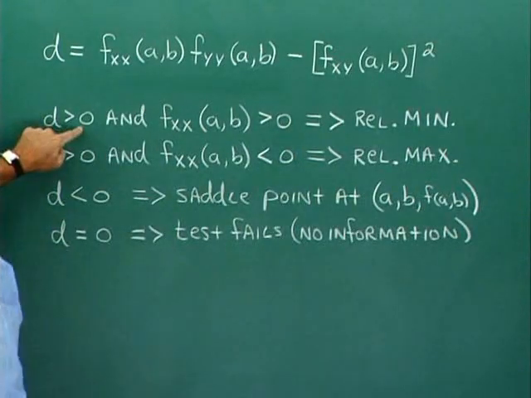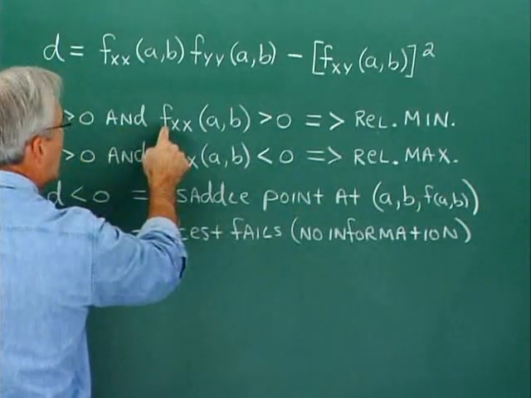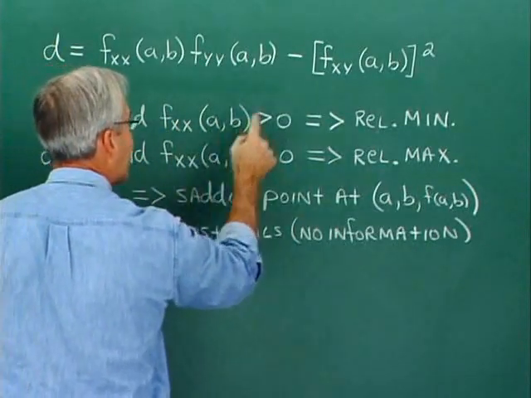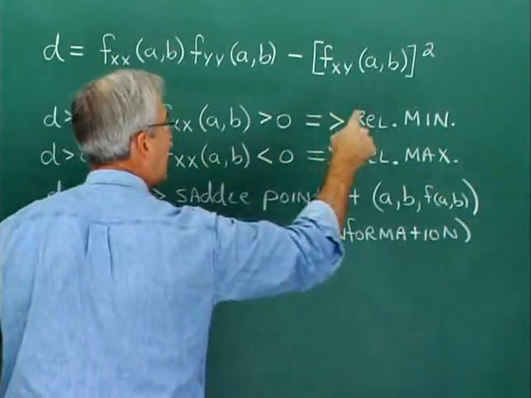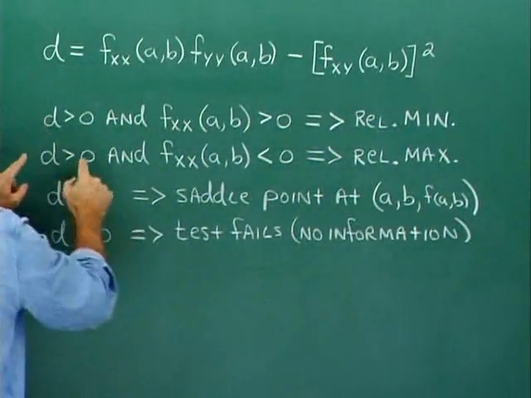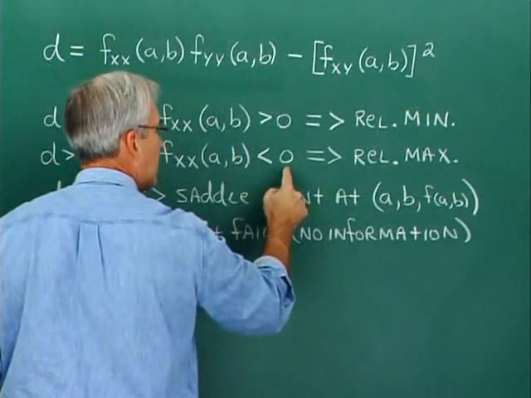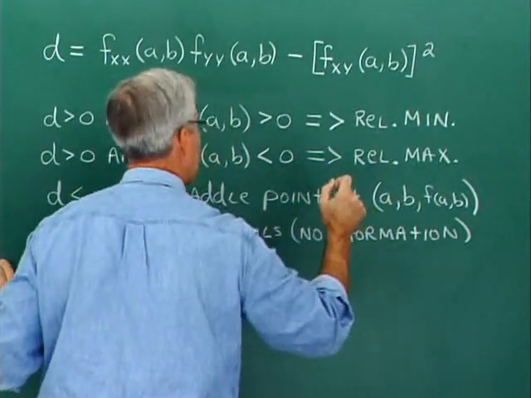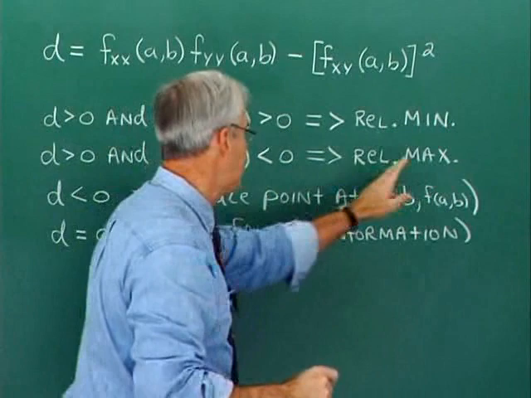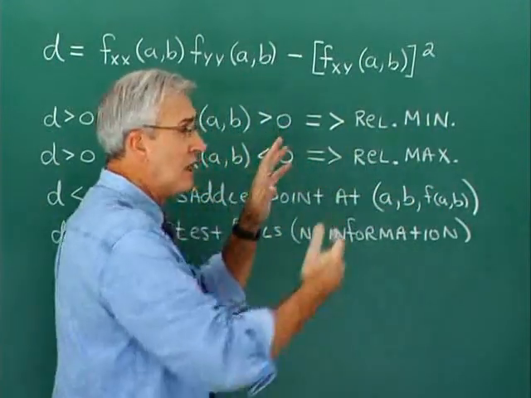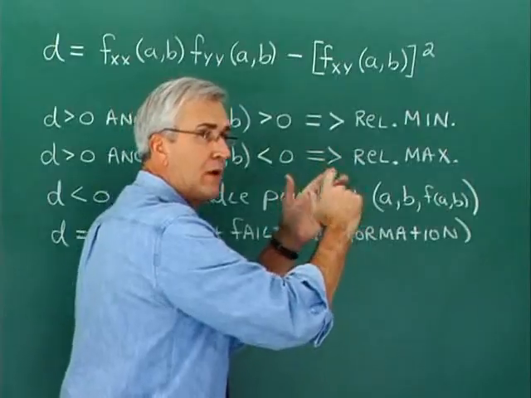If D is positive, and if f_xx at this point is positive, then we have a relative minimum. If D is positive and this value is negative, then we have a relative maximum. And now notice, relative maximum when this is less than 0, minimum when this is greater than 0, we don't have a direct relation.